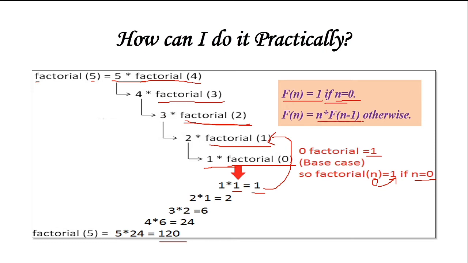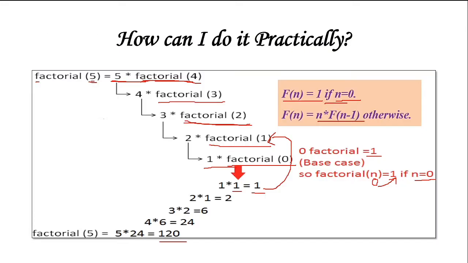Using n into f of n minus 1. You can see here 5 into factorial of 4. That means 5 into f of 5 minus 1, that is 4. So if I want to find 5 factorial, it is 5 into factorial of 4, that is, f of n is n into f of n minus 1.